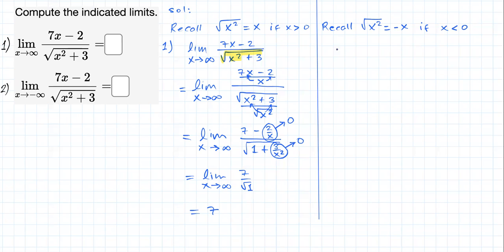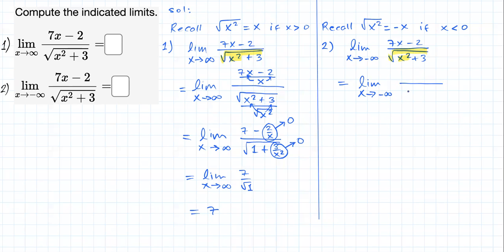Great. So for number 2, then, we will have the limit as x approaches negative infinity of 7x minus 2 over a square root of x squared plus 3. That will be equal to, following our technique, remember, to the following. We identify the highest power on the denominator is x squared, but notice there is a square root, so we must include the square root, right?